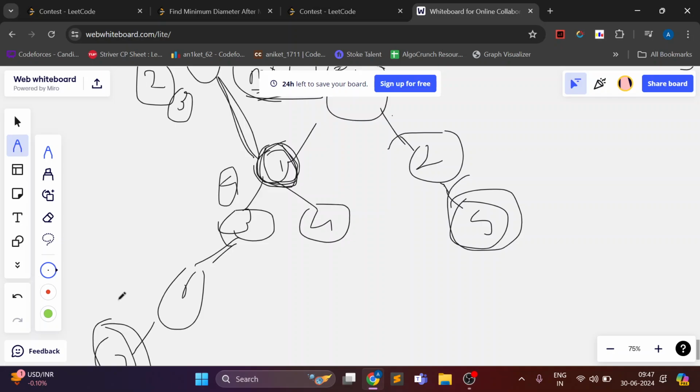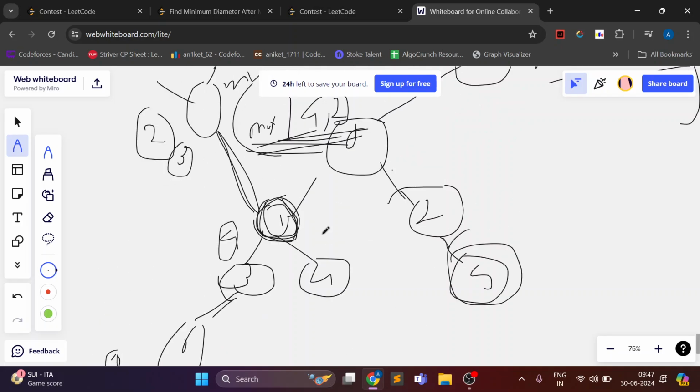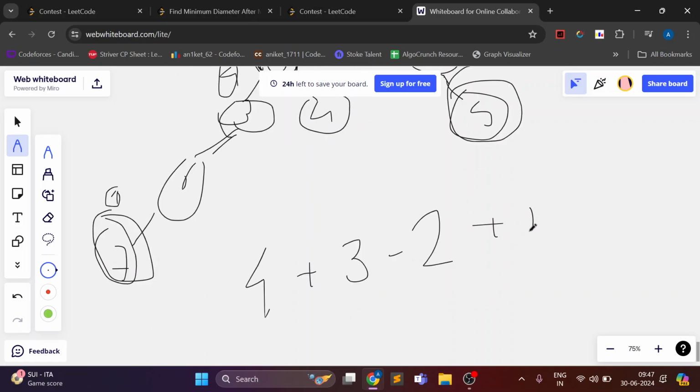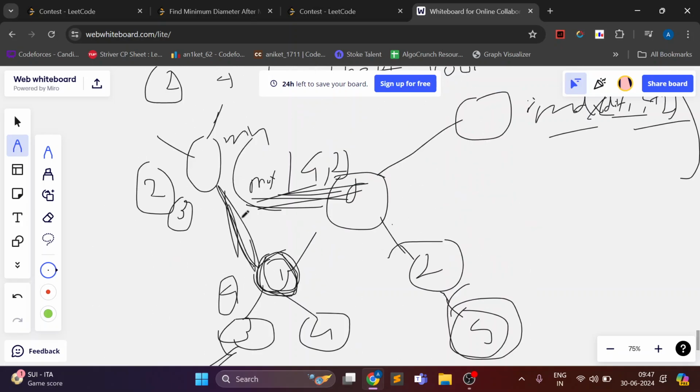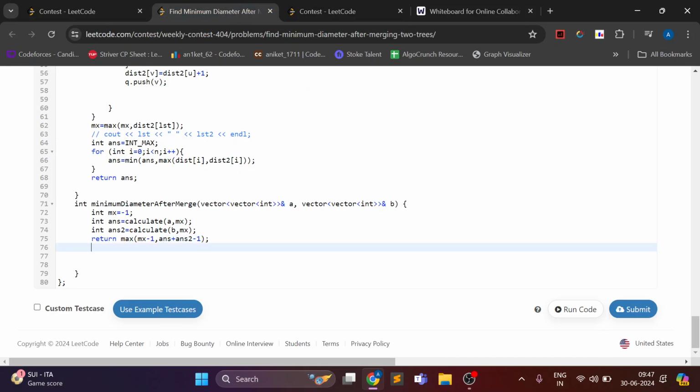As I have considered the distance of that element to itself as 1, the answer would be 4 plus 3 minus 2, cutting this one from both the trees, plus 1 because this edge is added. So overall it comes to 4 plus 3 minus 1. So answer plus answer 2 minus 1.